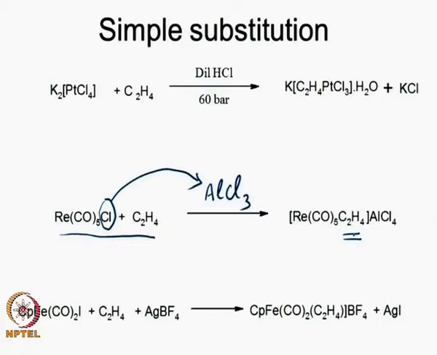Here we have taken an iron complex which has got an iodide, and the iodide is removed by the silver. So, the iodide and silver react together and form silver iodide, and this silver iodide is now removed, and that leaves a vacant coordination site on iron, which leads to the formation of an olefin complex, which we have pictured here.